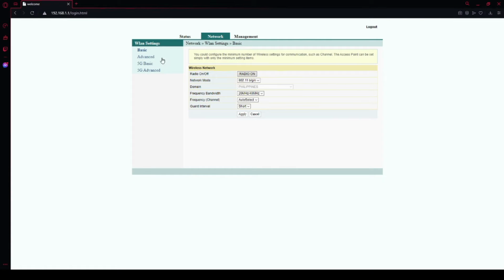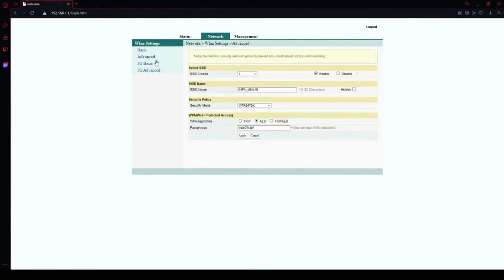And in the network, here you can change your SSID, or the name of your internet, and also the password of your wireless connection.